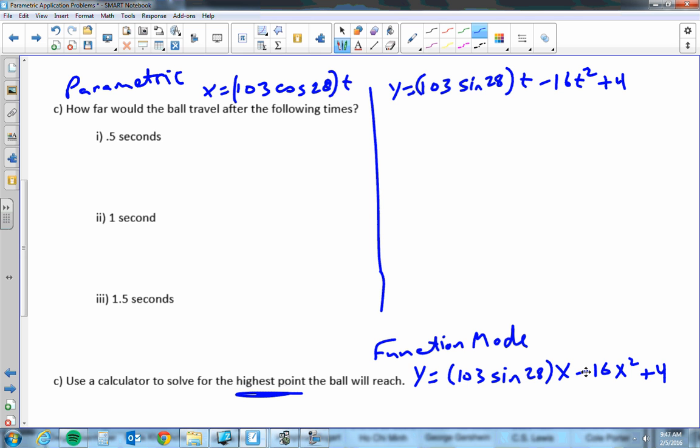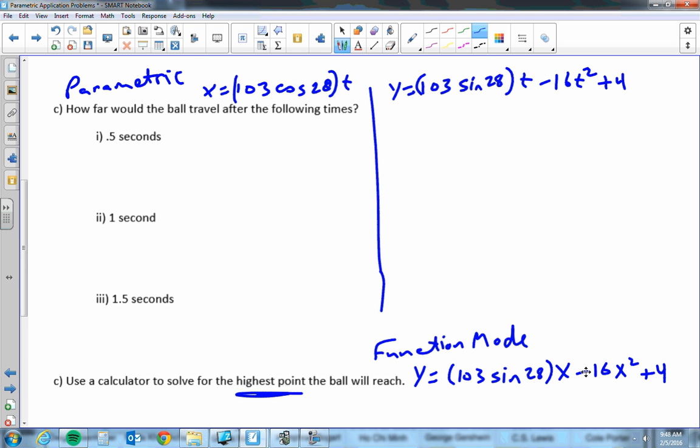So I'm saying, when you get to the assessment, you got to keep this in mind. You may be dealing with parametric equations, and that is a parametric equation, but you're actually going to take that and put it in function mode to be able to do the calculations you need to do. Listen, one more thing I need to stress. I guess my point is, you start looking at the table here, you can get an idea of what the maximum height is going to be.